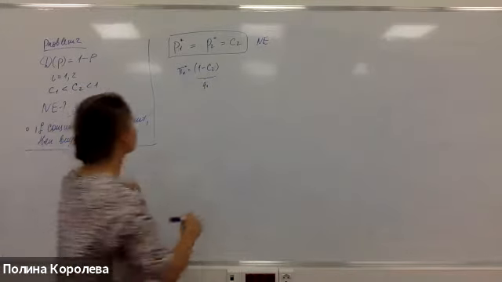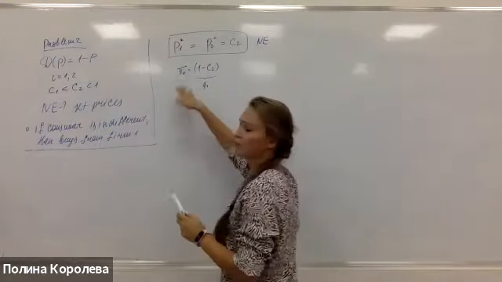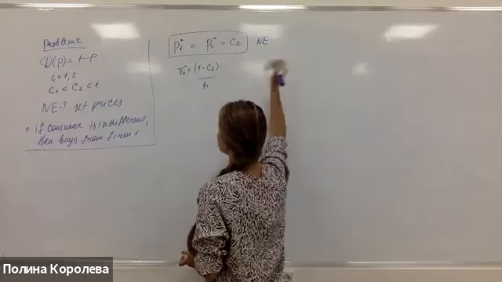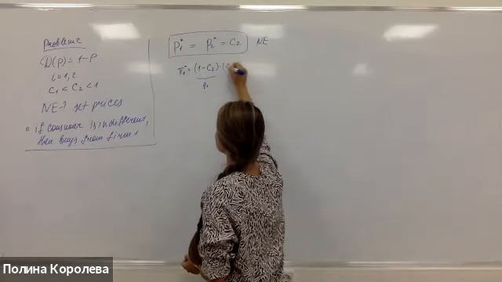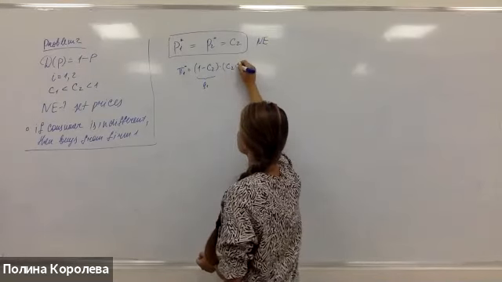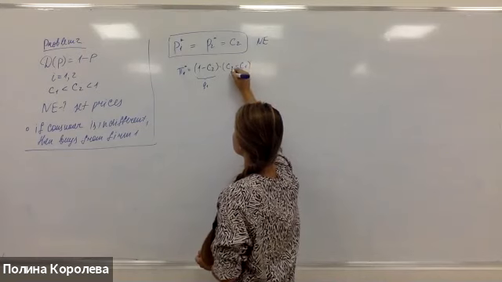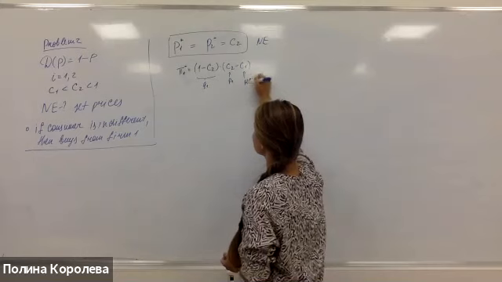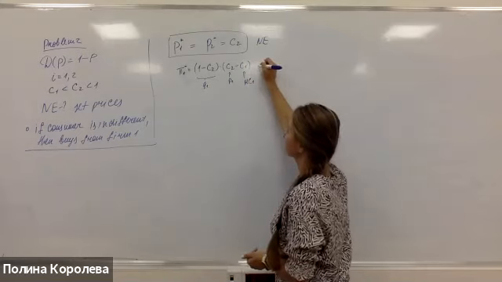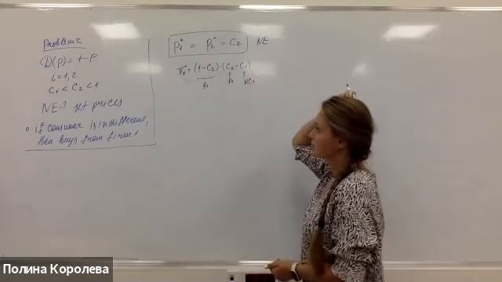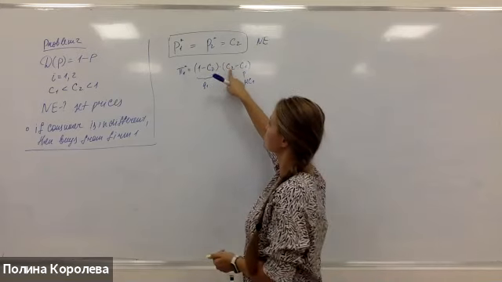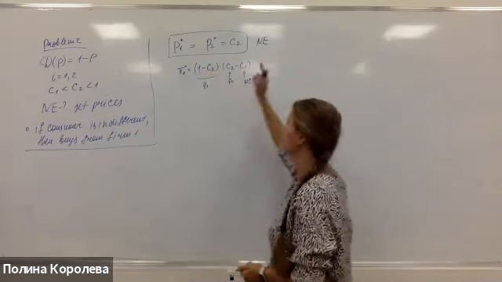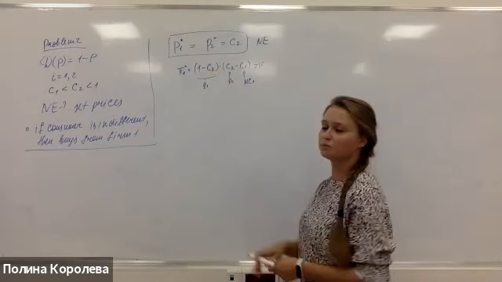So the first firm will have all market demand multiplied by price minus costs. Price is C2, minus marginal costs C1. We know that C2 is greater than C1 and 1 minus C2 is also greater than 0, so this profit will be positive for the first firm.